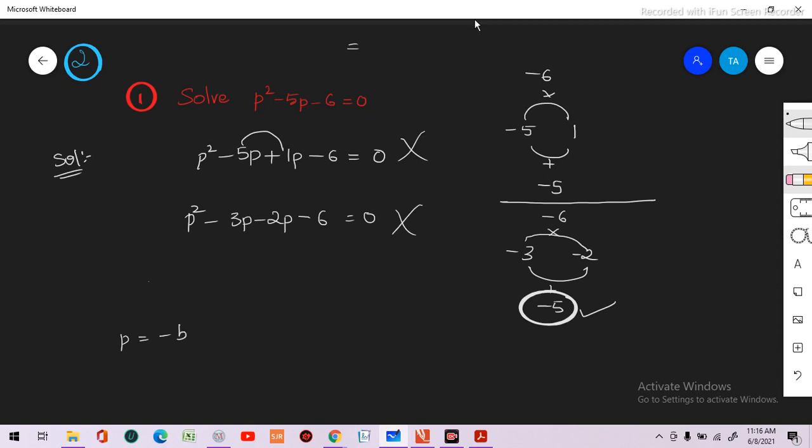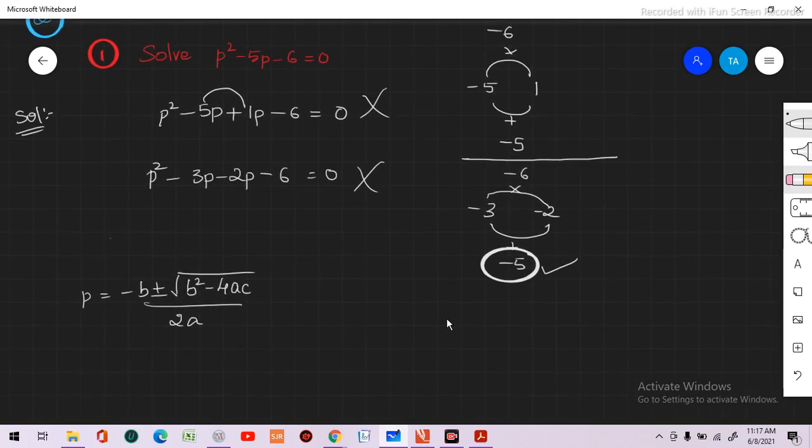So p is equal to minus b plus or minus square root of b square minus 4ac, divided by 2a. Now according to your equation, take the values of a, b, c and solve for p.